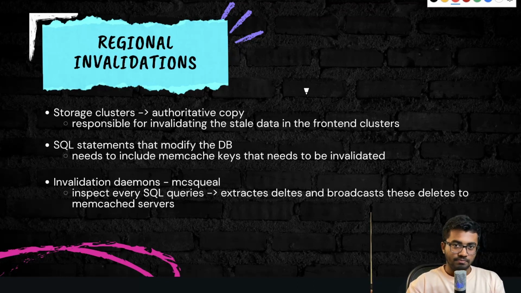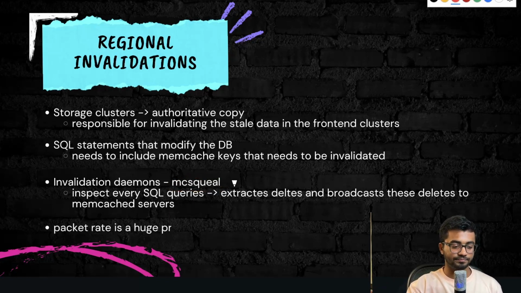It's not that simple. That is why they developed a daemon called MCSQL. MCSQL is a daemon responsible for inspecting every SQL query, extracting deletes, and broadcasting that delete operation to all the Memcache servers. So think about this. There are so many front-end clusters in a region, and if MCSQL is given the responsibility, it has to go from one cluster to another, and so on, because the Memcache servers are spread across all the front-end clusters that we have.